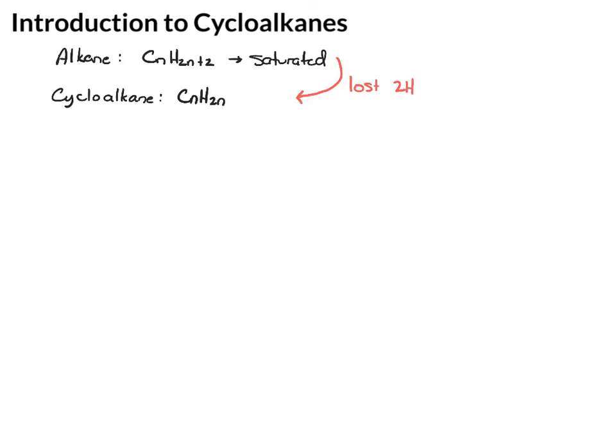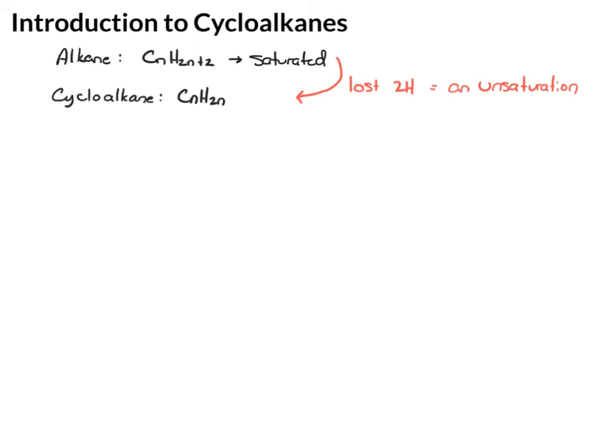And anytime we lose 2 hydrogens from a saturated formula, that is one unsaturation. This is a concept we'll continue to build on when we start to talk about alkenes.